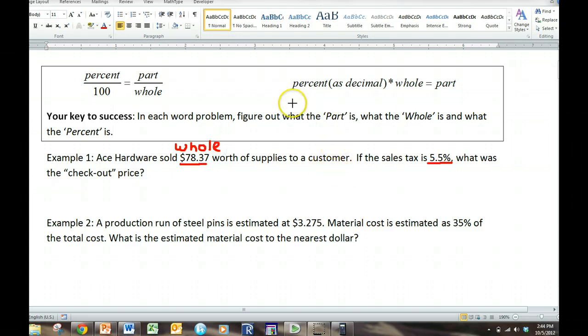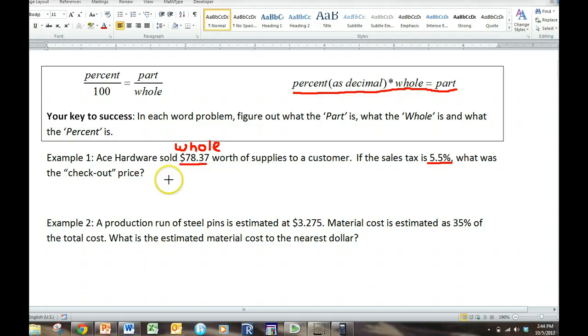Now remember, when we were doing these calculations the previous time, we were decoding them. Remember, it's always of the whole times the whole. And so we can continue to do it that way. But now that you know what proportions are, if you want, you can also write it as a proportion where you put a question mark for your unknown piece. So I'm going to continue to do it the way I did in the last presentation for you.